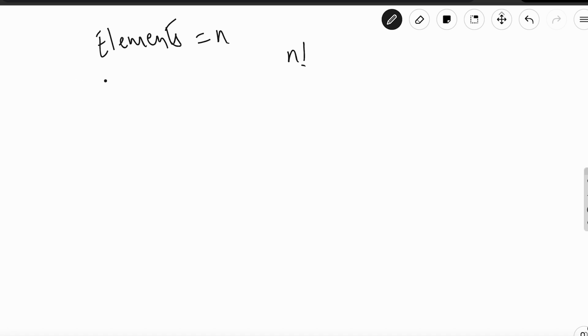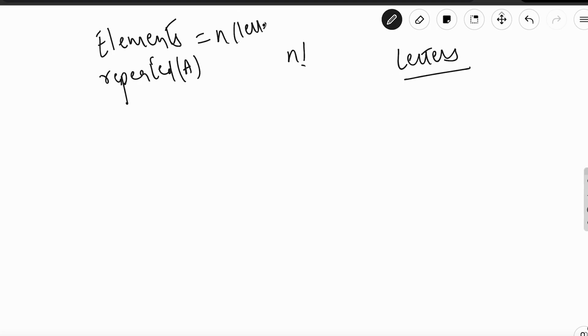But say there are repeated elements. For example, we take an example of letters. We have a word made up of n letters. So the total number of ways of arranging them is n factorial. There is one letter A which is repeated p1 times.